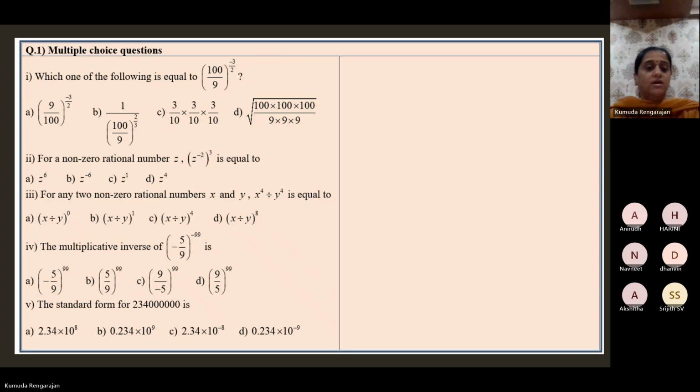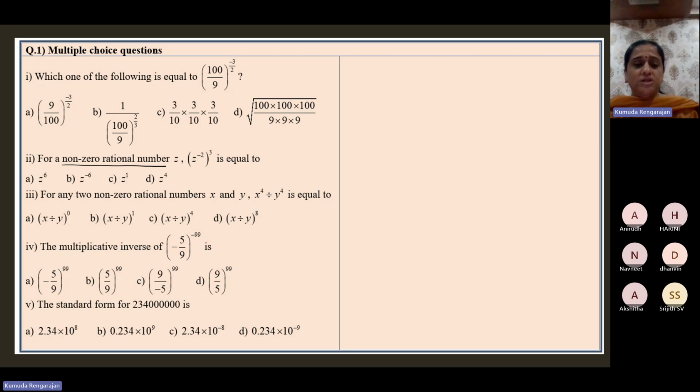Next one. For a non-zero rational number Z. So now we have come across this term in many places. Non-zero, meaning not zero. Any rational number, but not zero.